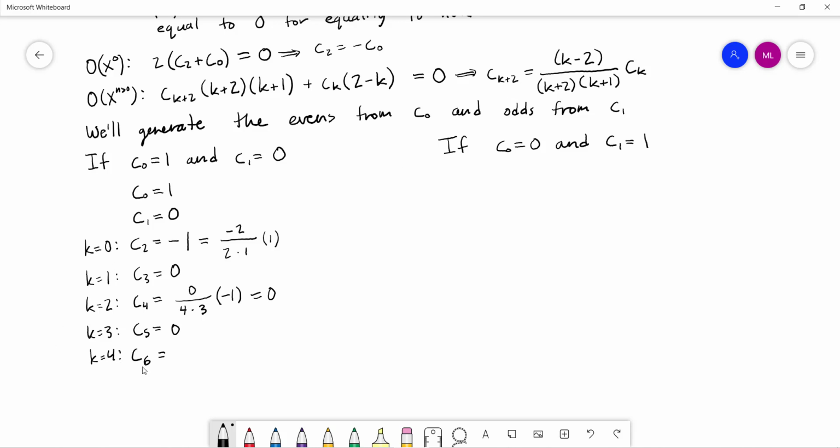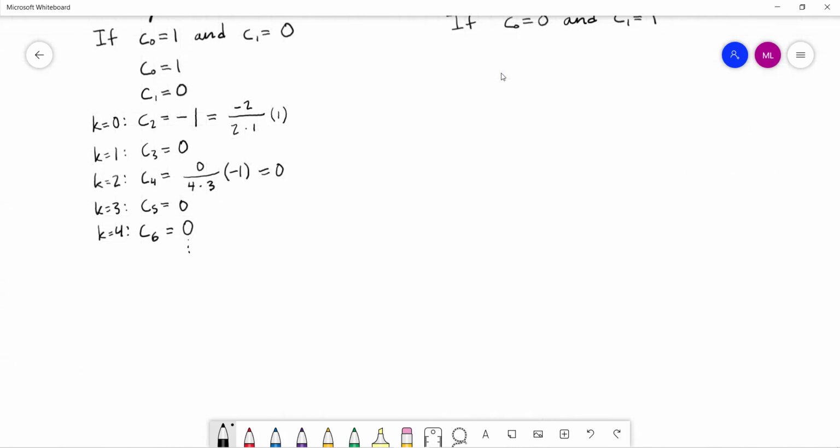So look what happens when we get to C6. We'll be plugging in C sub basically 4 to generate C6. So imagine we plug in K equals 4 right here to generate C sub 6. Well, I already know this is a 0 because C4 was 0. And so what does C6 have to be? It has to also be 0. And now I know that all the other terms after that, all the odd terms were already going to be zeros, but now that I have C6 equals 0, C8 will be 0, and C10 will be 0, and that will generate zeros from there on out.